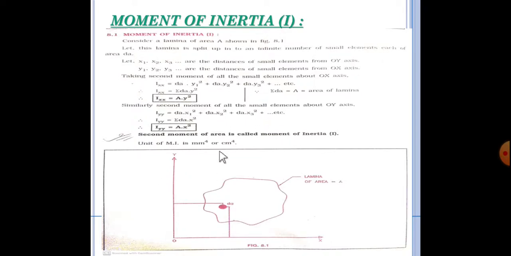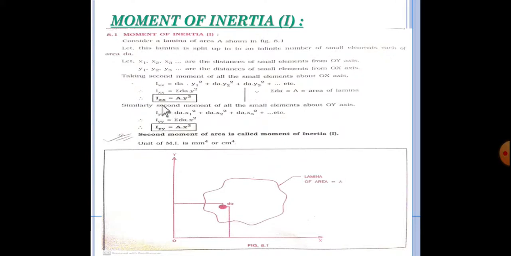x1, x2, x3 are the distances of the small elements from the y-axis and y1, y2, y3 from here are the vertical distances from the x-axis. So Ixx is equal to dA y1 square plus dA y2 square plus dA y3 square.